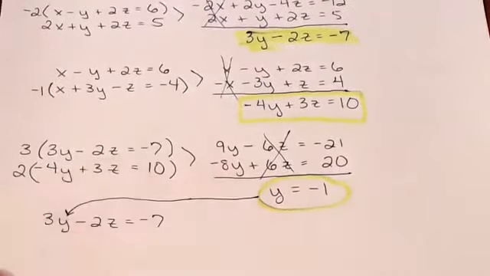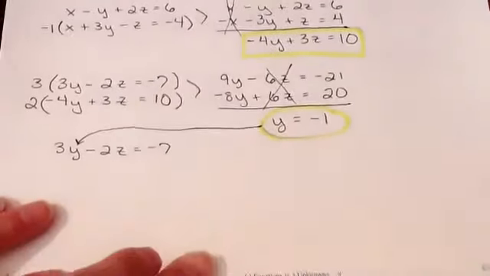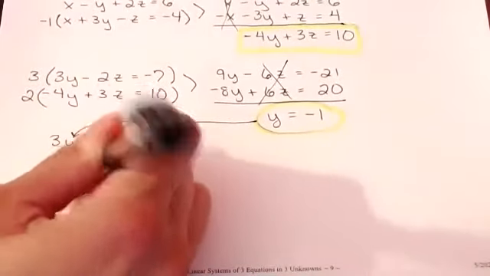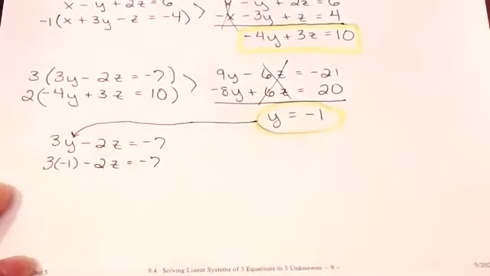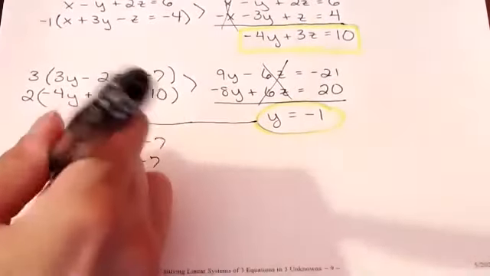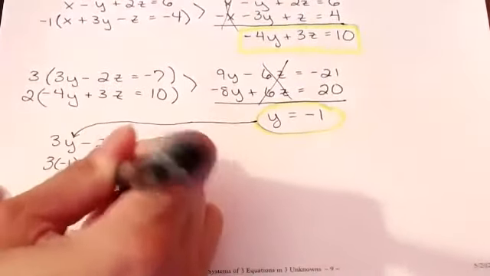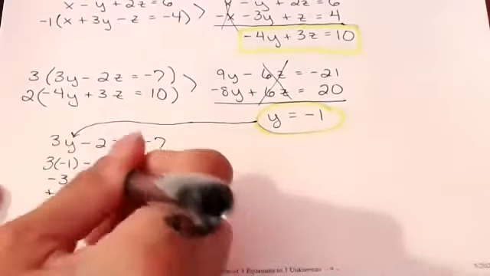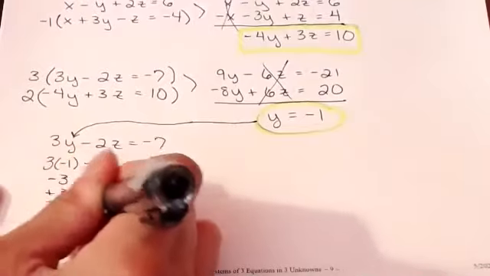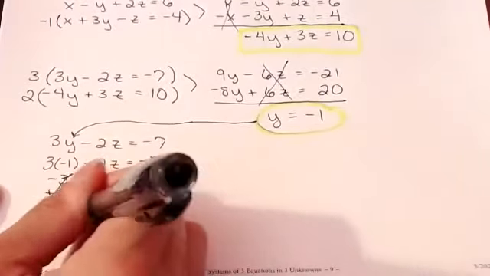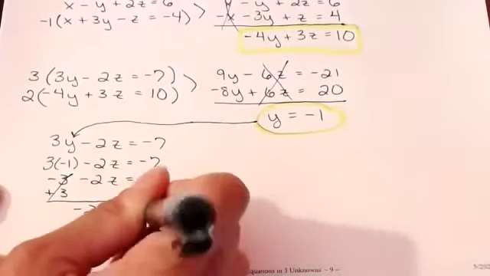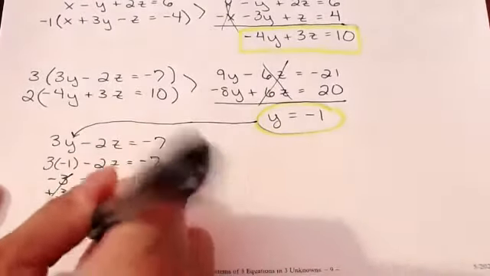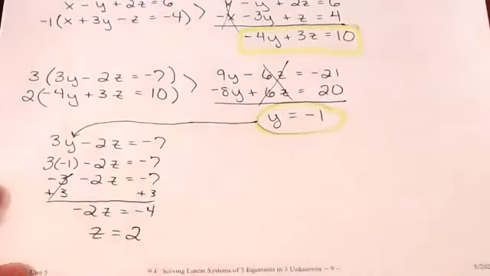We're going to plug that in for y. So we have 3 times negative 1 minus 2z is equal to negative 7. Let's go ahead and solve this. It's a negative 3. I'm going to add 3 to both sides. That gives me negative 2z is equal to negative 4. And then if I divide both sides by negative 2, I get z is equal to a positive 2.